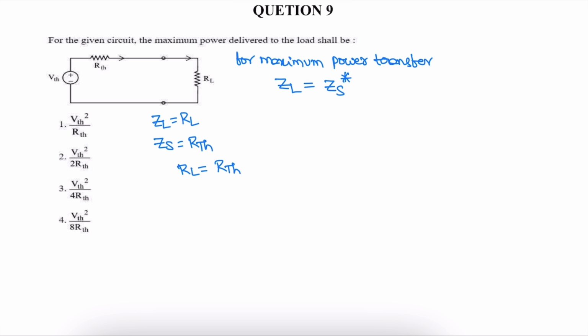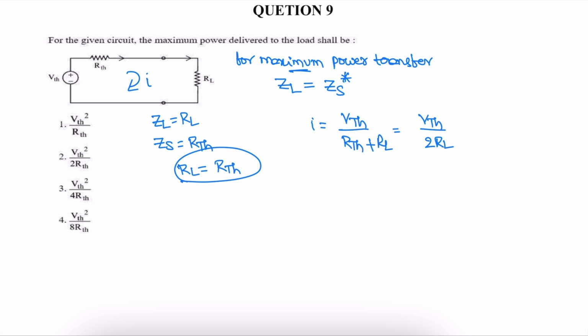Now the current in the circuit, let I be the current. The current in the circuit I is equal to voltage by total resistance, RTH plus RL, but RTH is equal to RL for maximum power transfer. So that is VTH by 2RL.